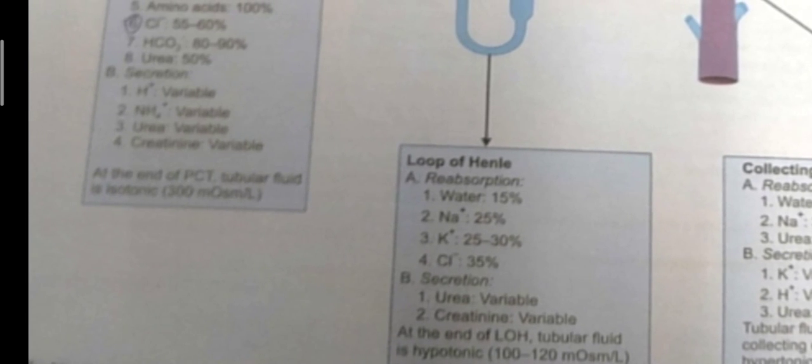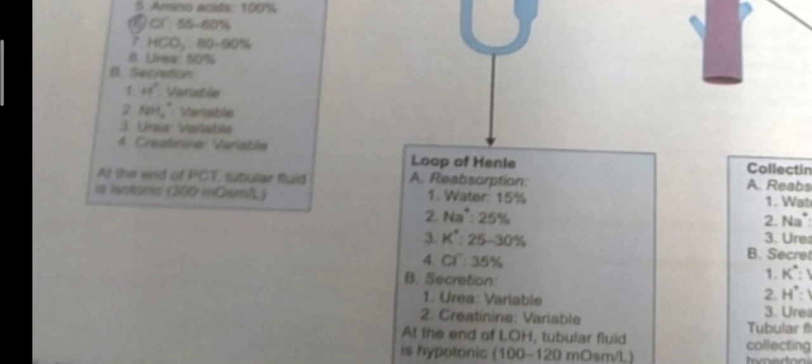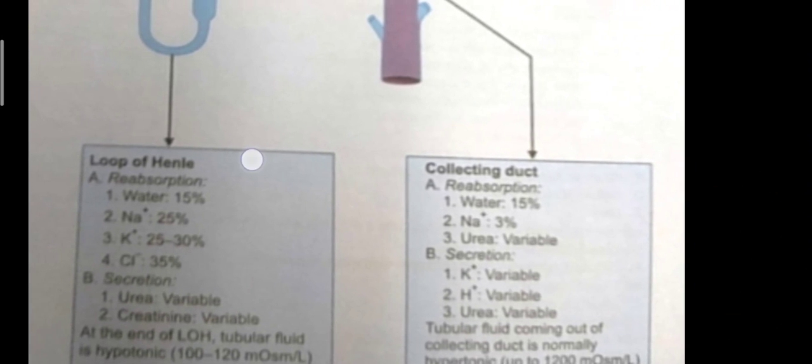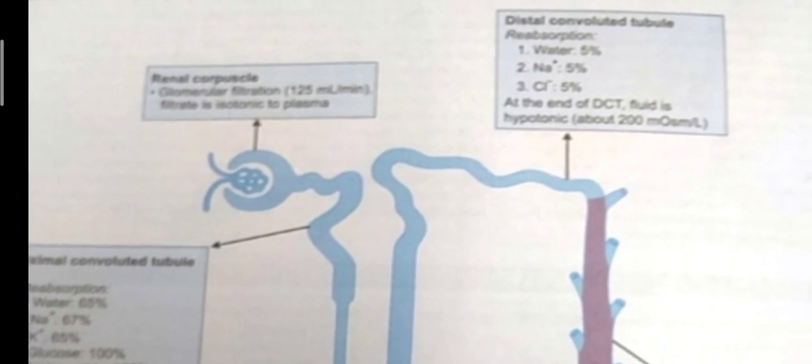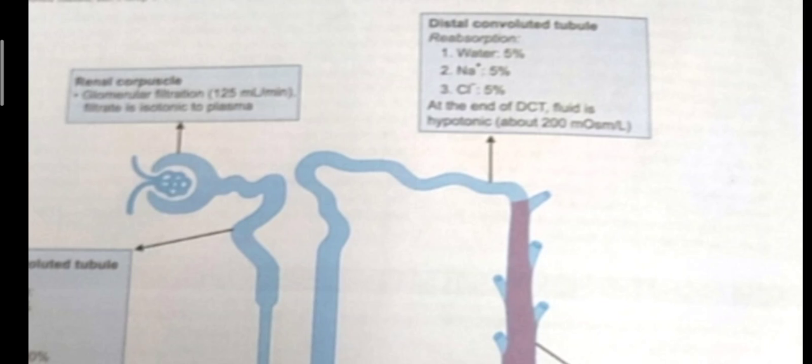And in the loop of Henle, reabsorption: water 15%, sodium 25%, potassium 25 to 30%, chloride 35%, and secretion of urea, creatinine, variable. At the end of the loop of Henle, tubular fluid is hypotonic. And in the distal convoluted tubule, the reabsorption of water is only 5% and sodium 5% and chloride ion also 5%.